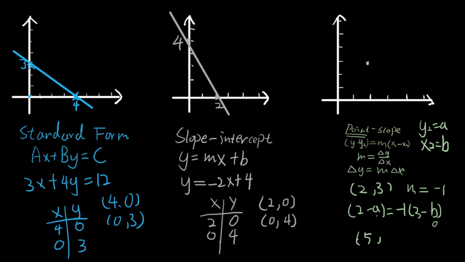And for b, when a is 0, let's draw a line over here to separate that. 2 minus 0 is equal to 2, and minus 1 times 3 minus b. So 2 equals minus 1 times minus 2 actually. So b is equal to 5. That's the second point.